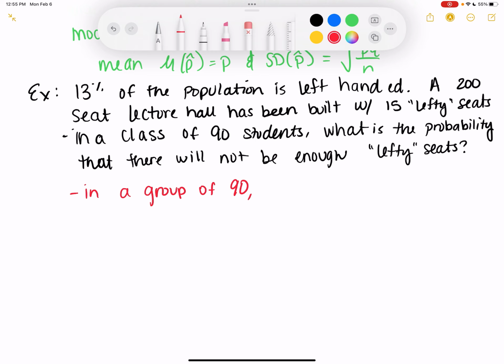That's funny. In a group of 90, 15 out of 90 is 16.7%.